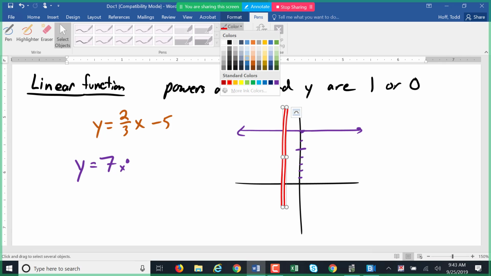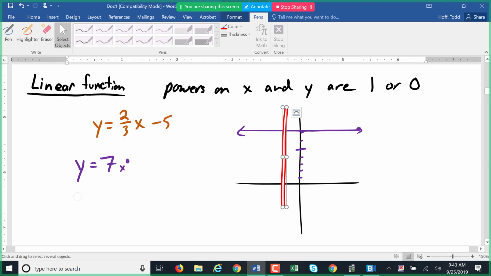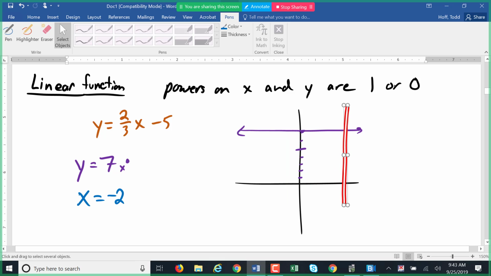Well, also linear is the equation x equals a number. We might have x equals -2 or some other number. If I go to graph that, here's -2, there's my line.